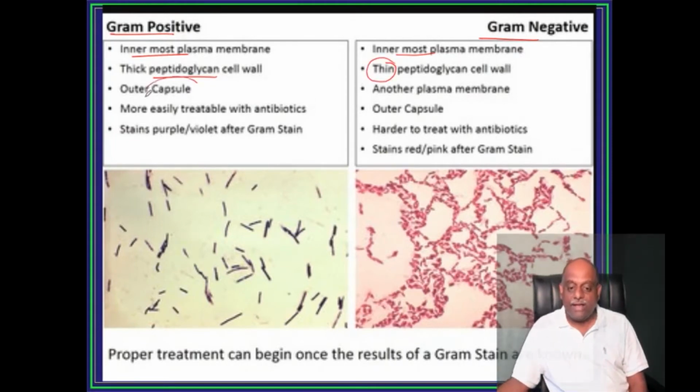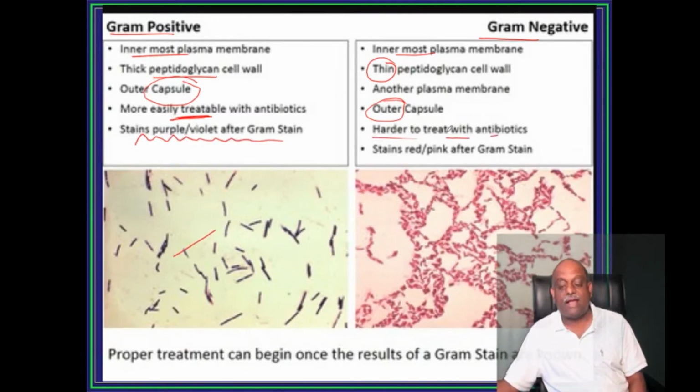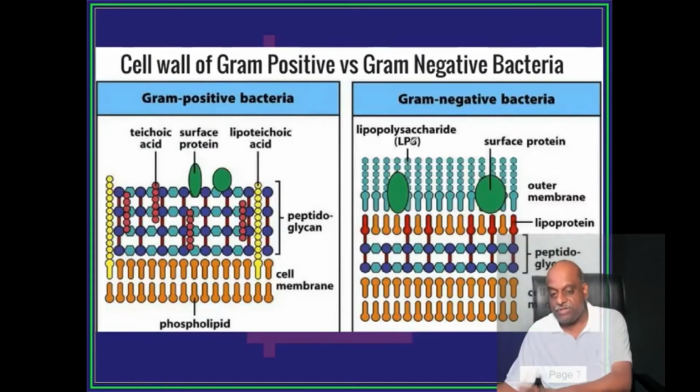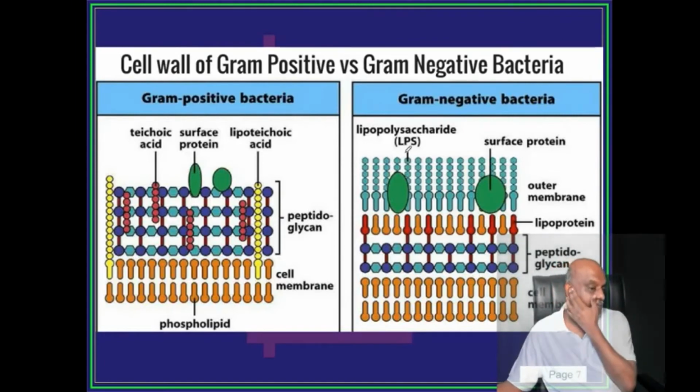There is an outer capsule in gram positive, and there is the outer capsule also in gram negative. Gram positive can be treated easily with antibiotics. It stains purple or violet after the gram stain. Whereas gram negative is harder to treat with antibiotics. It stains red or pink after the gram stain, is what you should remember.